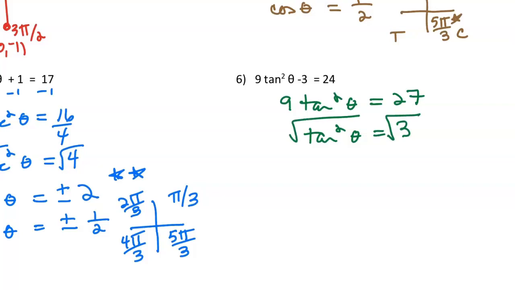And by the way, you never square the angles, you square the trig terms. That's why it looks the way it does. So when I square root, I'm going to get plain old tan, and the second I take the square root of the number, I'm going to do plus and minus. So plus and minus radical 3.